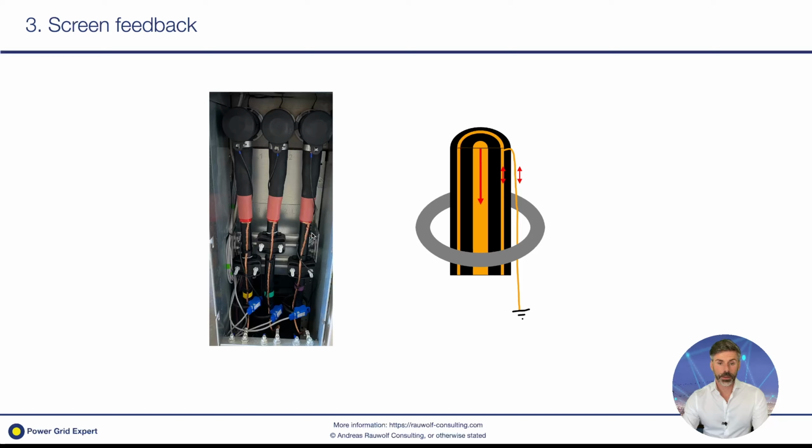Also be aware that this is blank copper, so don't make any loops here that might contact the earthed part of the switchgear. In this case, it looks good. It's correctly installed, but if it touches something metal that is earthed up here, the effect is zero. There is no feedback through the CT in that moment.